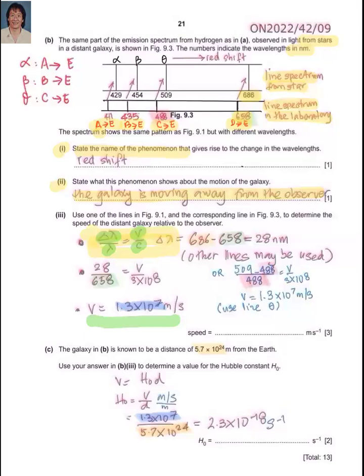If I use the line that produces electron transition theta, which is from C to E, that means I would take 509 minus 486, which will give you the delta lambda, divided by 486, which is the wavelength on Earth, equals v divided by 3 times 10 to the power 8. This will also give you 1.3 times 10 to the power of 7 meters per second. You can use the line that produces electron transition alpha or beta to get the speed, which will give you the same value.